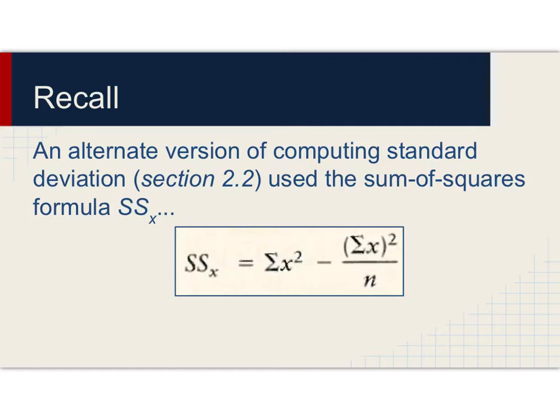To refresh your memory, the sum of the squares formula for x's is we take all of the x values, square them, and add up the squares, and then subtract from it the sum of the x's squared and divide by the number of data values that we had. It's the same idea here.